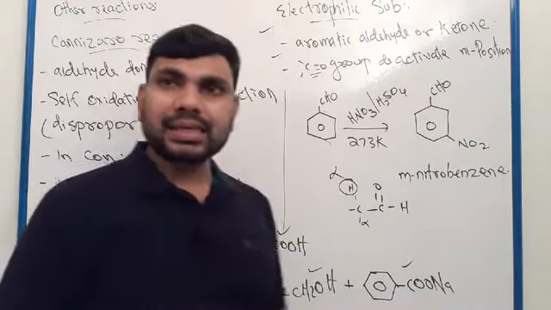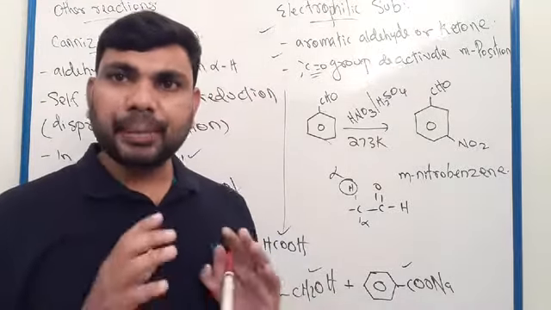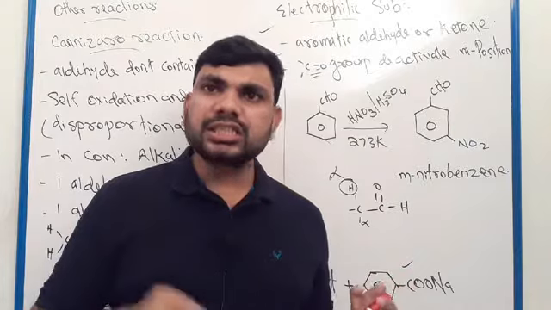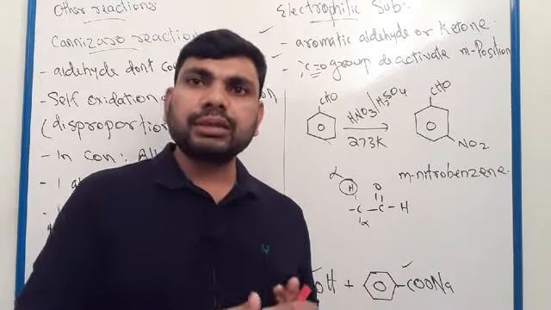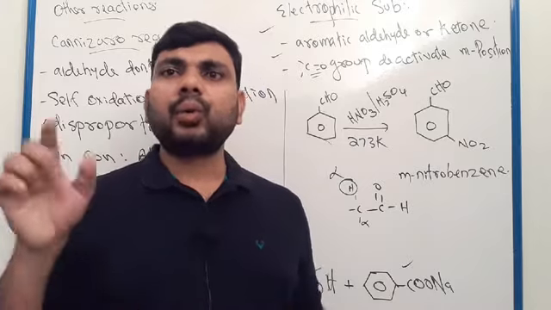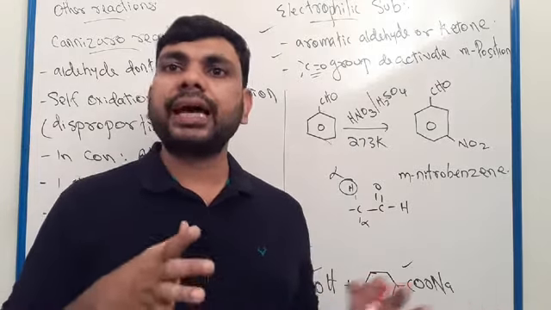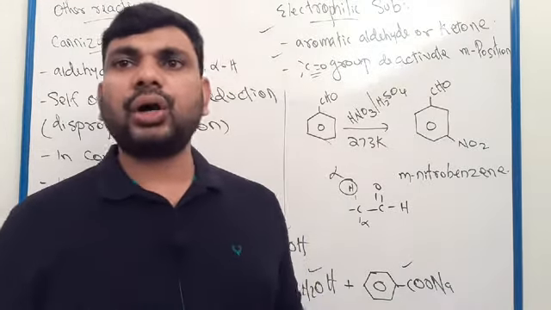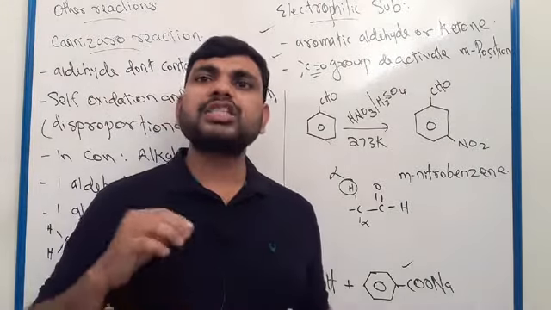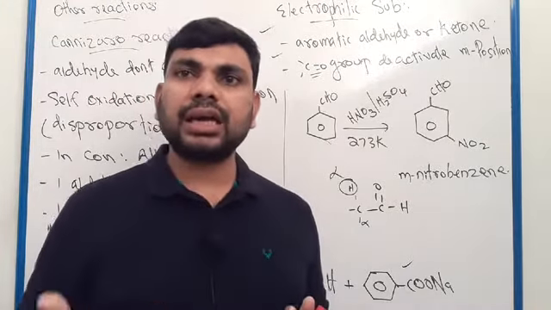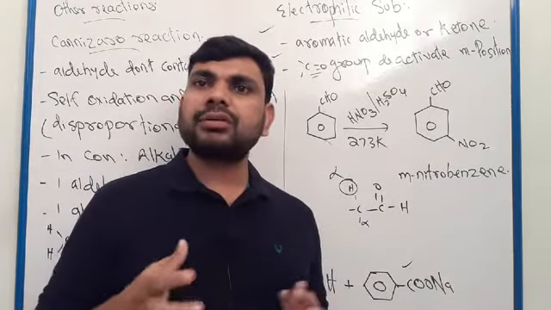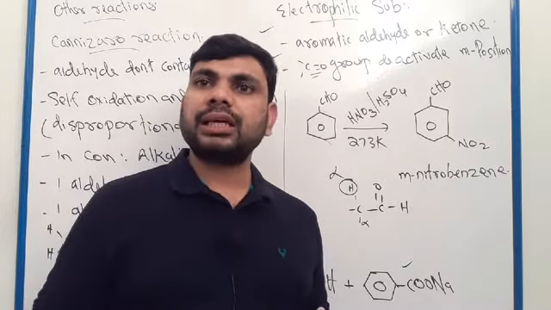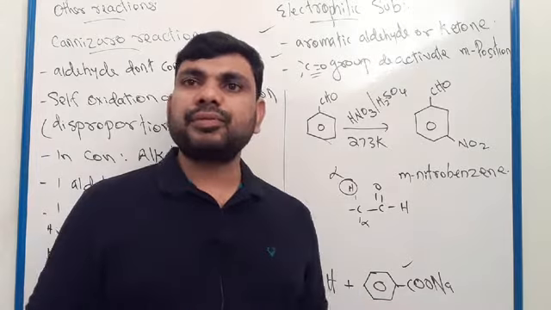We already discussed haloarenes: on the benzene ring there is a halogen. This halogen has an electron pair that conjugates with the pi electrons of the benzene ring, and the ortho and para positions get negative charge. Similarly phenol: in the benzene ring there is OH, the oxygen contains an electron pair and conjugates with the pi electrons of the benzene ring, and ortho and para positions get negative charge. We discussed this type of thing before.